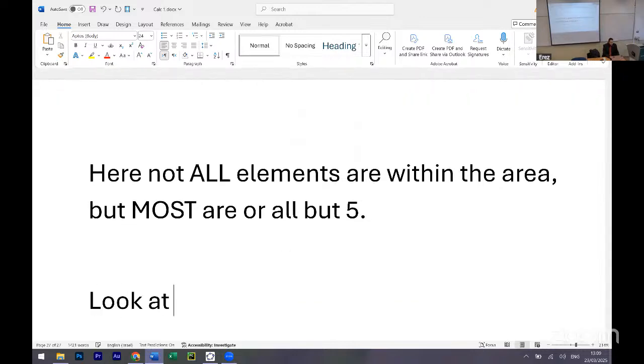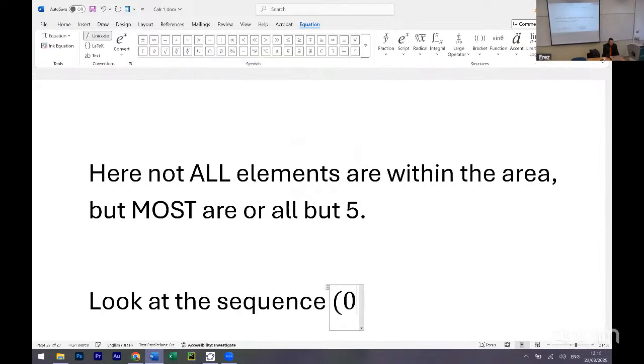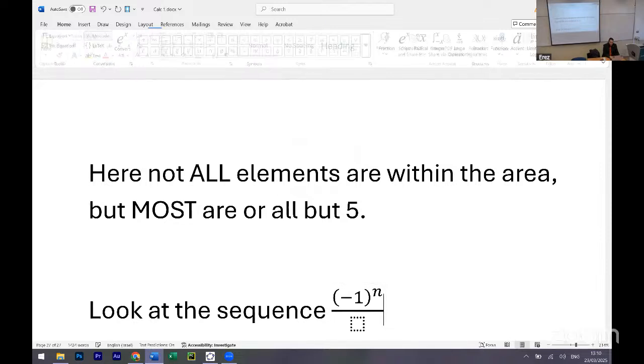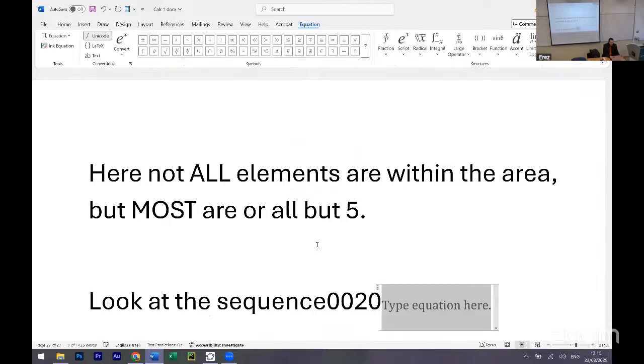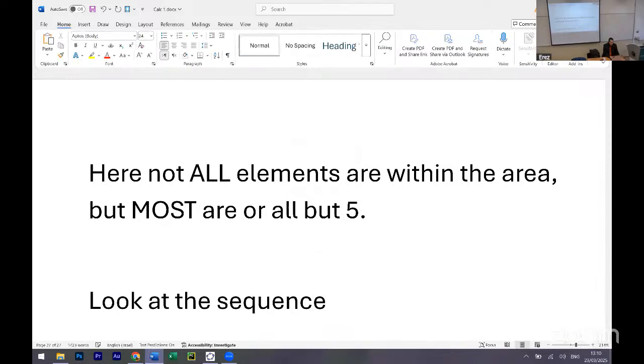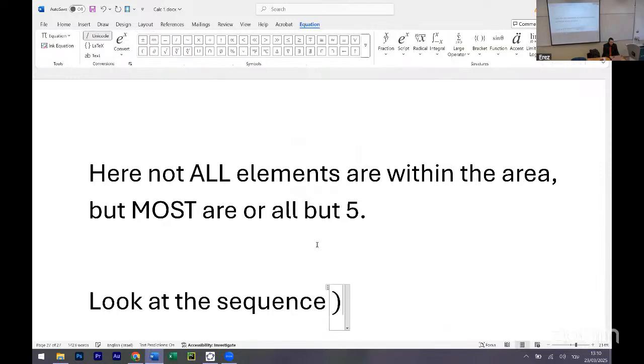Look at the sequence -1 to the power of n.